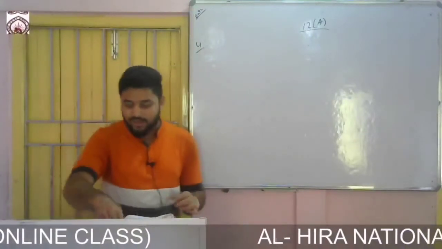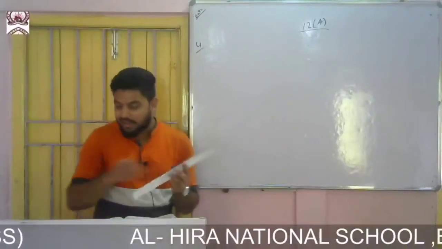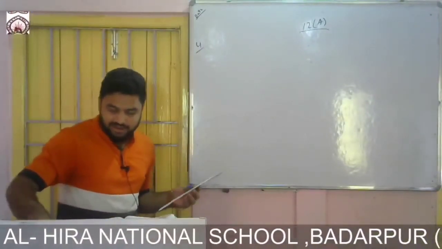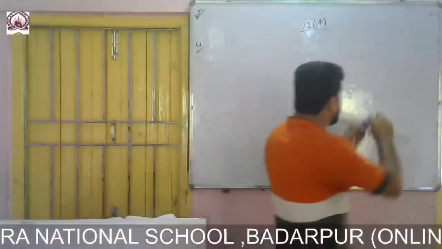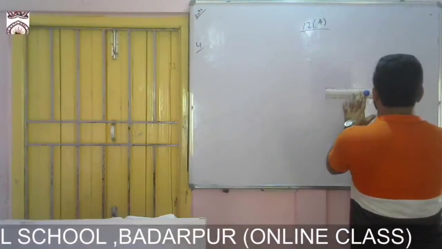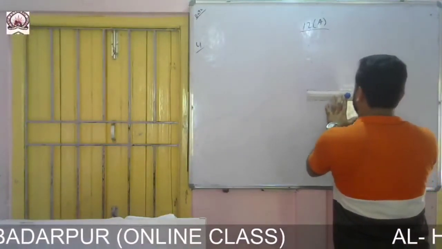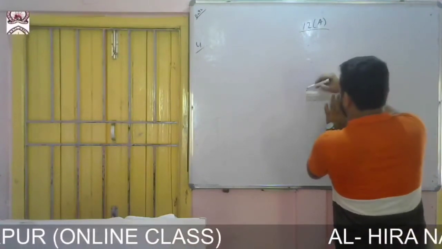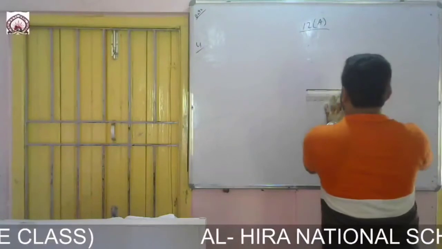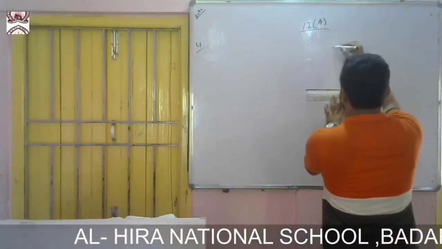So first take your ruler and draw an equilateral triangle. Take 10 centimeter. The middle of this will be 5 centimeter.